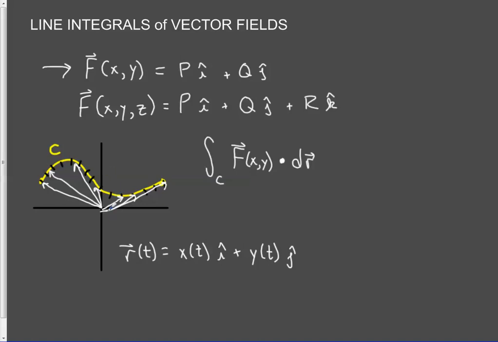So if I look at two r's that are right next to each other, in fact, let me get rid of all those now. Let me just look at two of them, maybe this one and then this one. So that's one r, and then a little bit later that's another r. So what's the dr, or delta r?